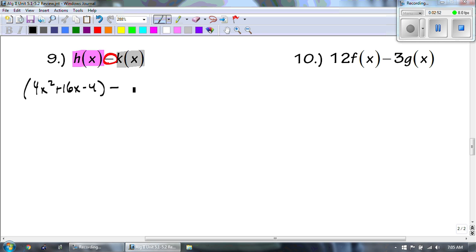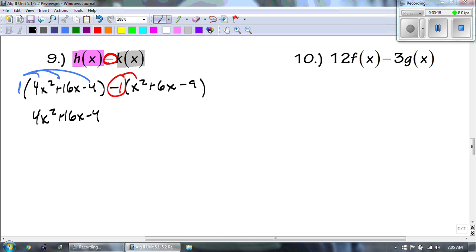And I'm subtracting k of x, which is x squared plus 6x minus 9. So we pretended that there was a 1 out front, and when I multiply everything by 1, it stays the same. But on the back side, I have to distribute a -1, and when I distribute a -1, all of my signs change. If it's positive, it's negative. If it's negative, now it's positive.